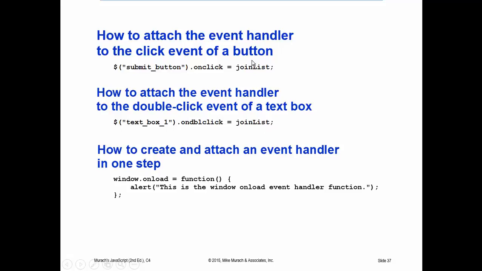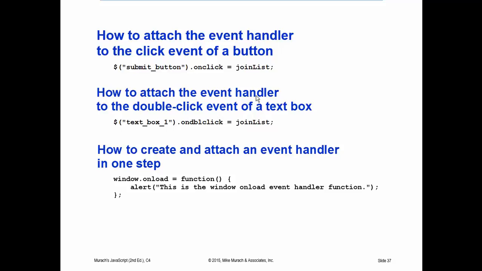There are no parentheses. If you put the parens, it would actually call the function. But you're not trying to call the function right there. As the text says, you are trying to attach an event handler. So you're letting it know that when that happens, that is the event that should be called.